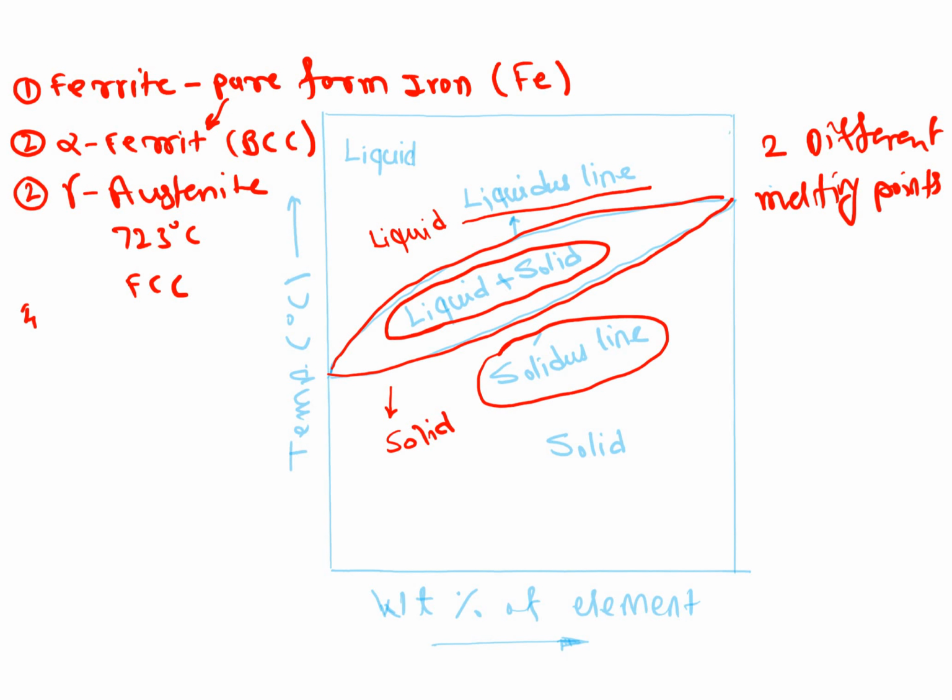Then delta ferrite. This also has a BCC crystal structure, but at an elevated temperature above 1400 degrees Celsius. Then fifth, cementite.